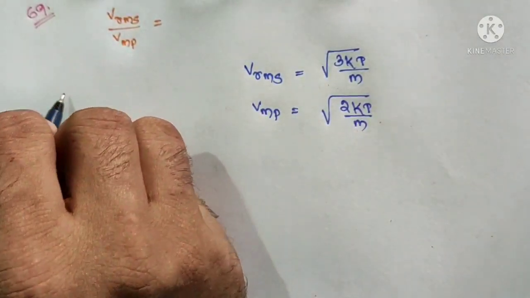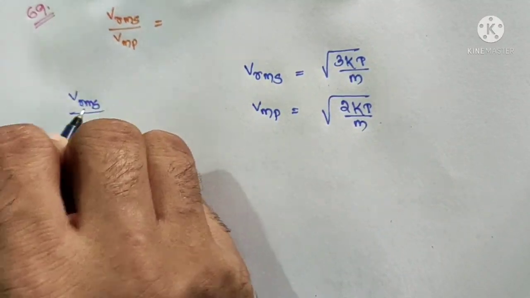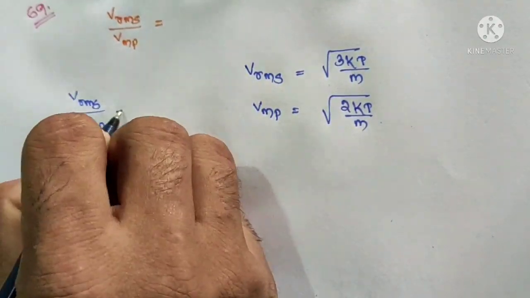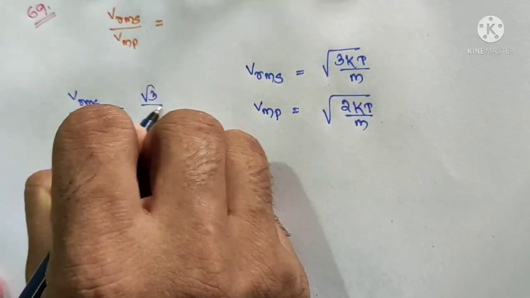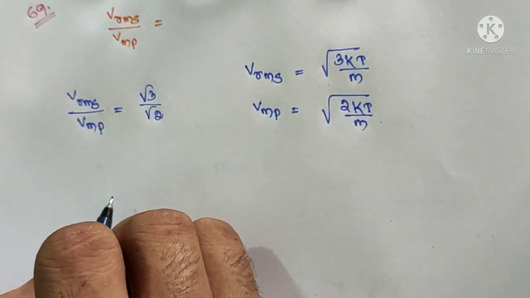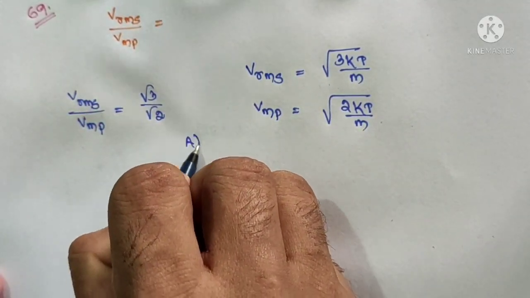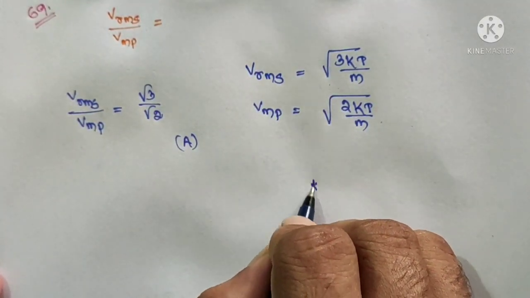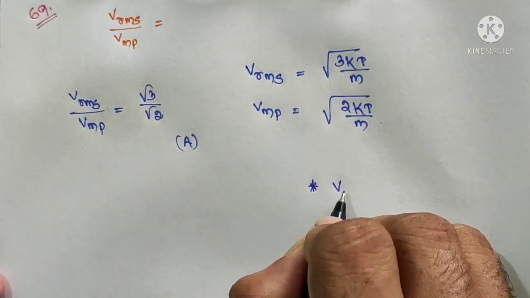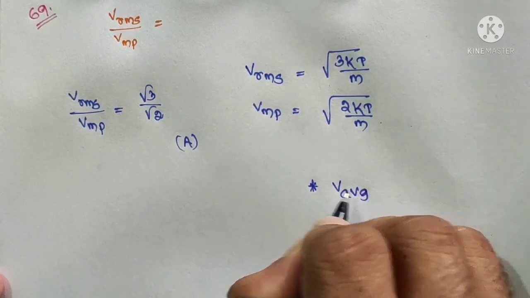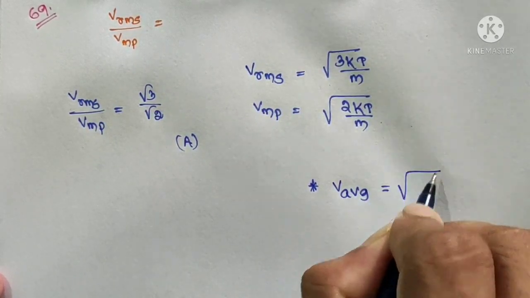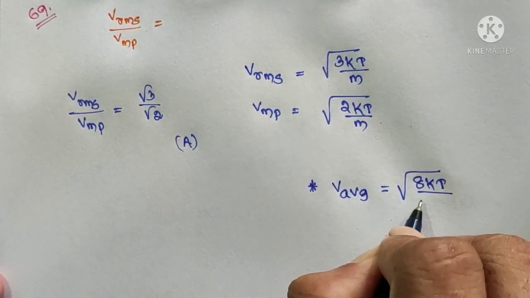So the ratio of RMS speed to most probable speed will be root 3 by root 2. So your correct option is option A. Also remember the average speed: average speed is given by square root of 8kT by pi m.